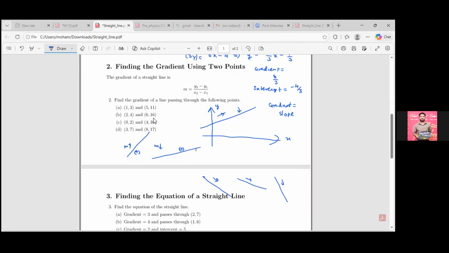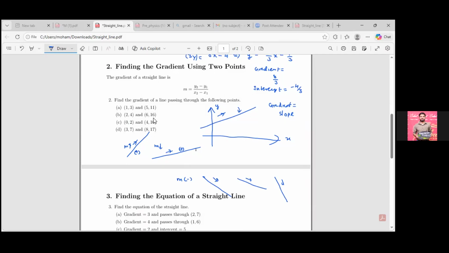On these lines you go up, like this. So here the gradient is positive. Here the gradient is negative. So a negative gradient represents graphs that are reducing or decreasing. That's the physical meaning of gradient.